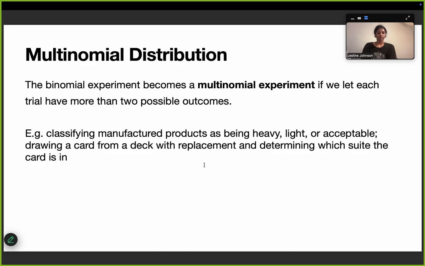So those are 3 possible outcomes. Or maybe we could draw a card from a deck with replacement and determine which suit the card is in. That would be 4 possible outcomes. So essentially they're similar to binomial distributions, except they have more than 2 possible outcomes.